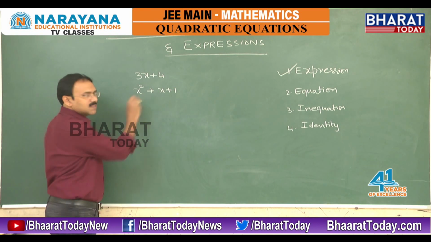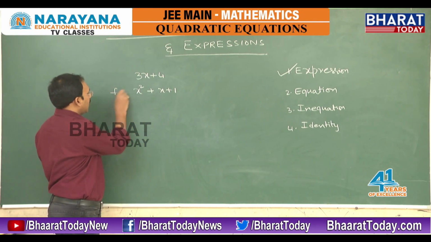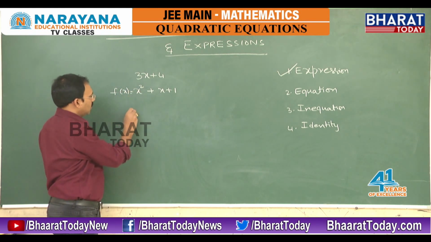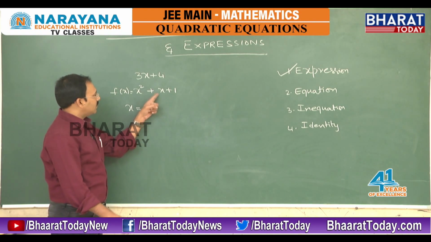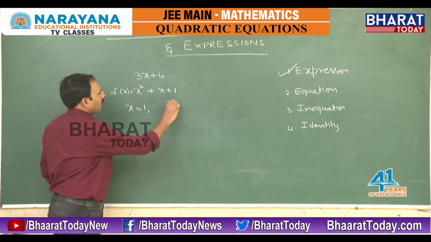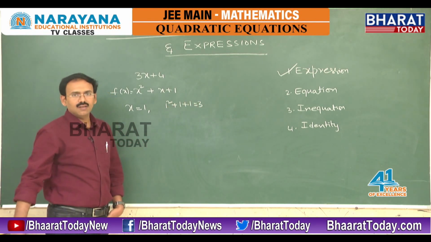You see, expression in the sense, it is like a function. If you take it as f of x, when x is equal to 1, the value of the expression is 1 square plus 1 plus 1, which is 3.